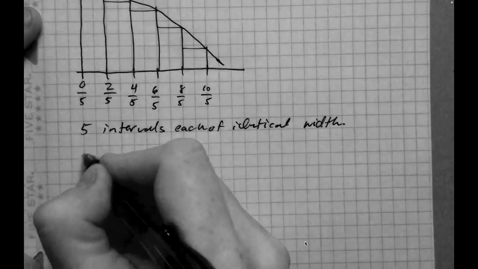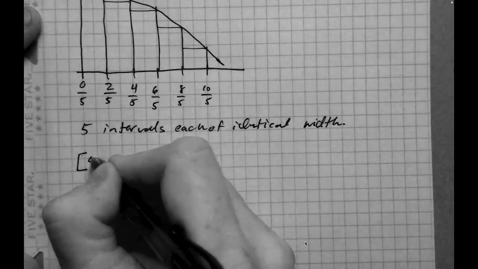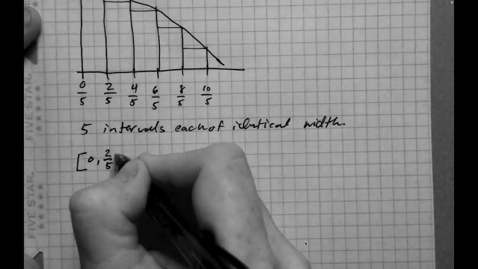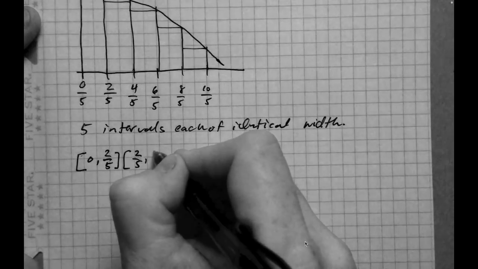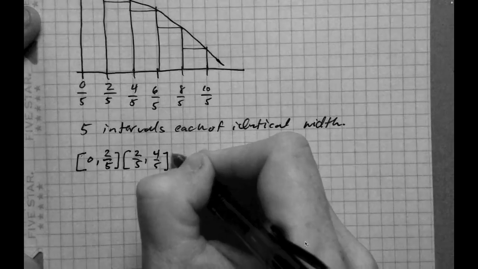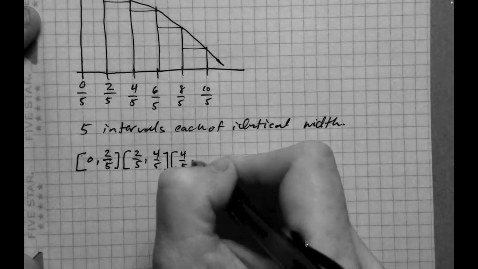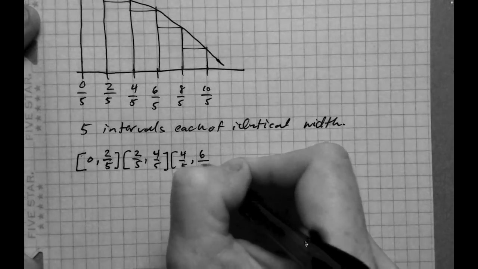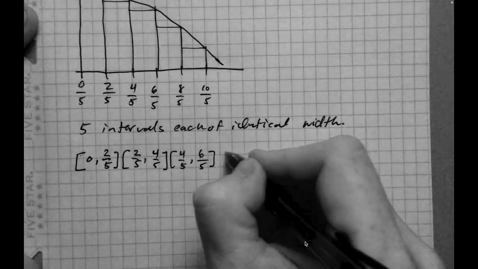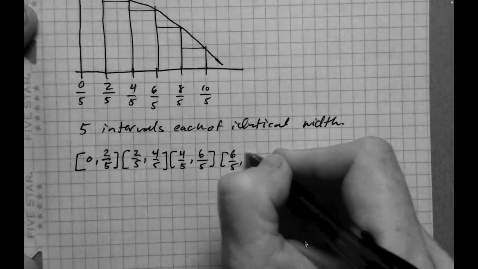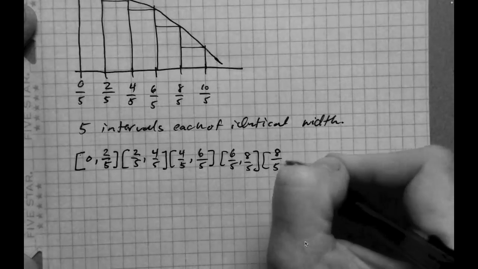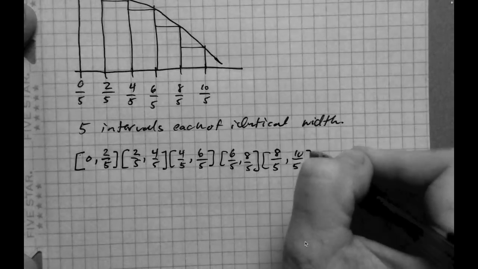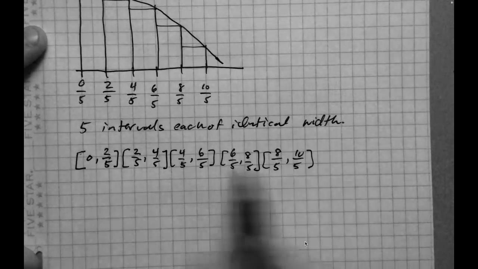And really you could think of the intervals as being basically 0 up to 2/5, and then 2/5 up to 4/5, and then 4/5 up to 6/5, 6/5 to 8/5, and 8/5 up to 10/5. Okay, perfect.